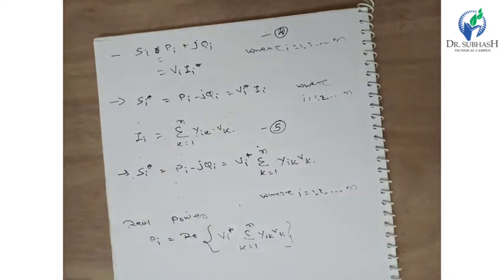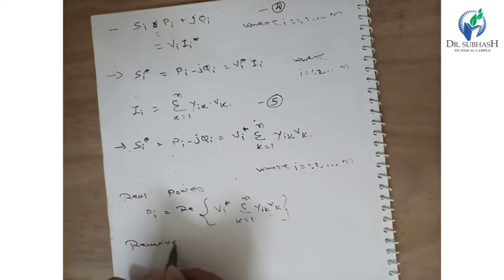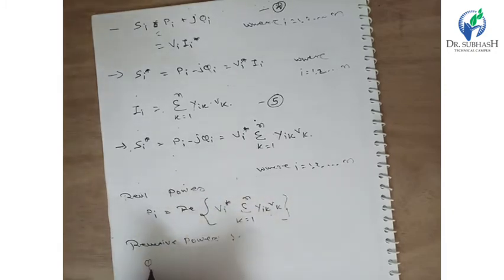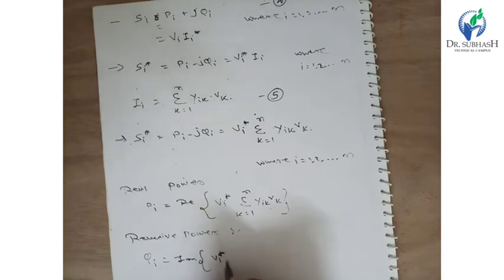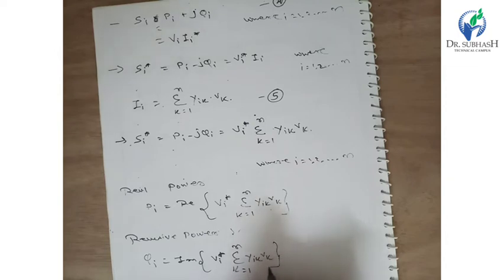And for the imaginary part, or the reactive part, Qi, as we know from the previous topic, Qi is equal to Im, the short form of imaginary, of Vi conjugate times the sum over k equal to 1 up to n of Yik into Vk.